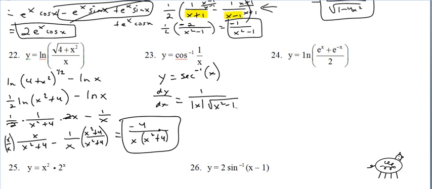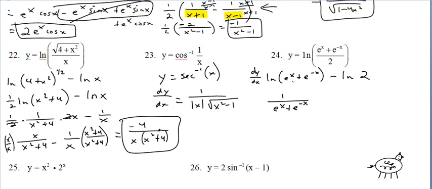Again, I think properties of logs is very helpful here. So we're going to do ln of e to the x plus e to the negative x, minus ln of 2. Okay, and then I'm going to take dy dx. And that's going to give me, of course, it's natural log of that, so it's going to be 1 over e to the x plus e to the negative x.